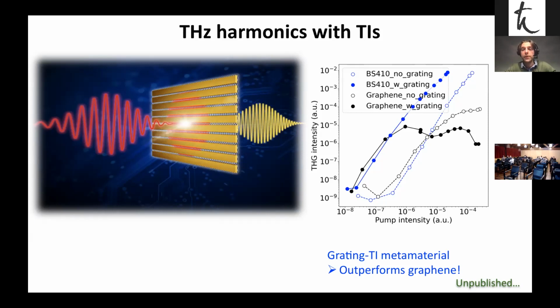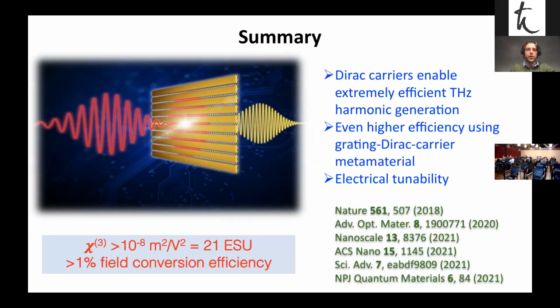Whereas for the TI, you also shifted to the left, and with the grating, you can actually get for relatively low field strength, very large third harmonic signal, even larger than graphene. So in fact, we estimate field conversion efficiencies for the third harmonic in excess of 10%. So more than 10% of your incident electric field strength is converted into a third harmonic.